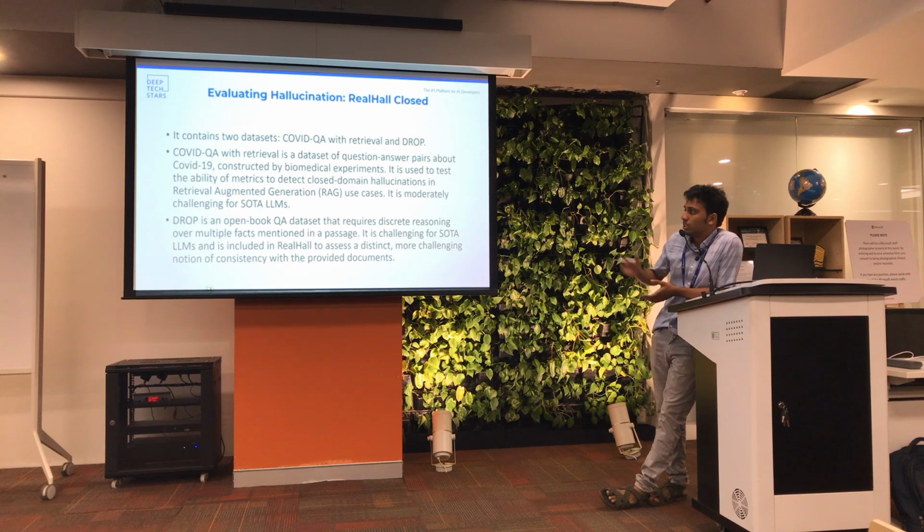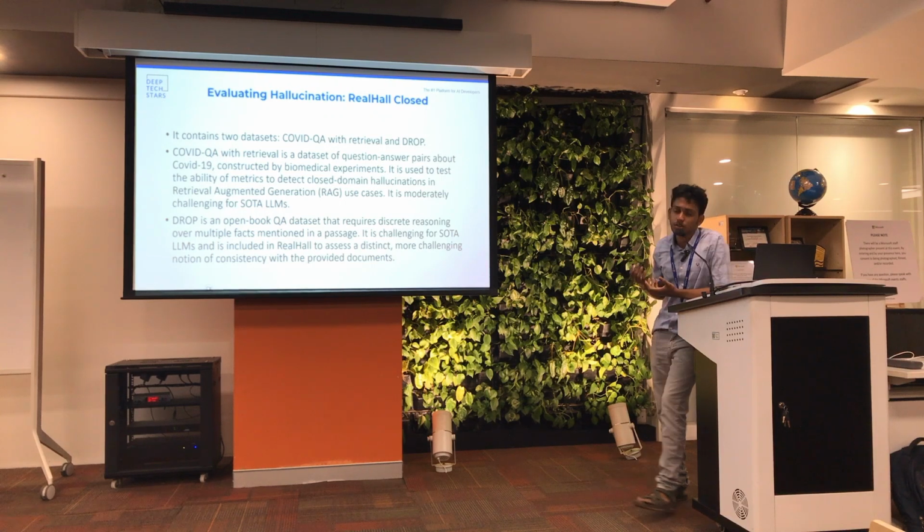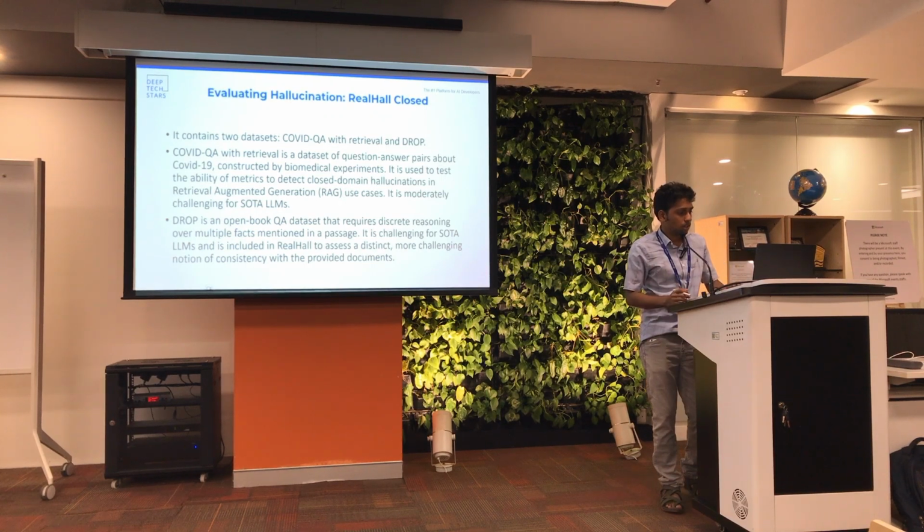In the ChainPoll paper, the RealHall Closed dataset was created using two datasets, the COVID QA and DROP datasets. The COVID QA dataset is basically questions about COVID-19 and their answers, and DROP is just an open book dataset that requires reasoning.